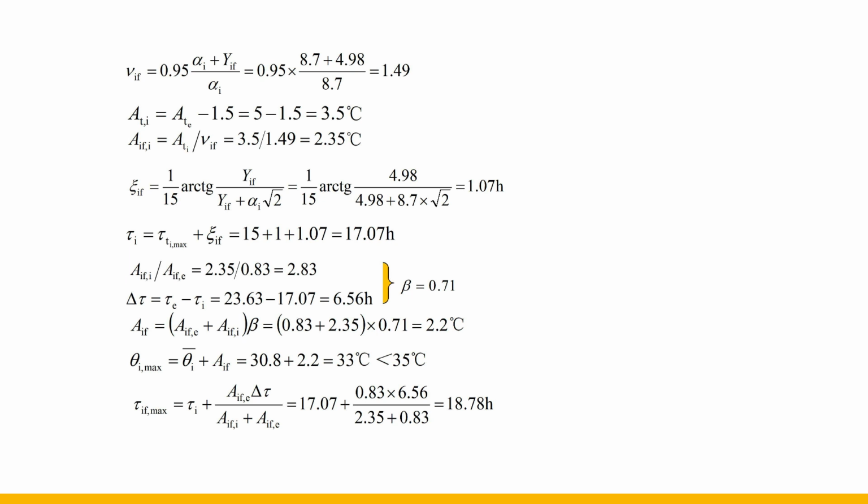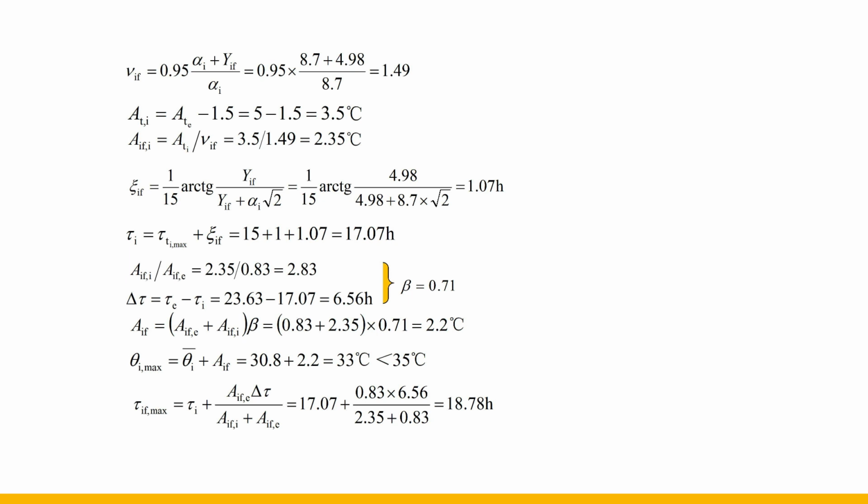Considering that the maximum value of indoor air temperature appears 1 hour later than that of outdoor air temperature under the known conditions, and the maximum value of outdoor air temperature appears at 15 o'clock, the time of the maximum temperature on the inner surface caused by indoor harmonic is equal to 17.07 o'clock.